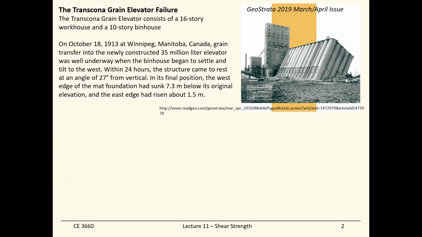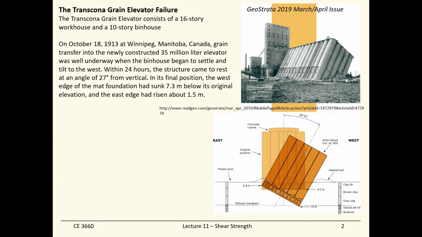When the grain started to be loaded into this structure, the loading became too large for the soil to handle, and the whole building collapsed in a way that the structure was sound and intact, but the soil failed, which means there was a soil bearing capacity failure at the foundations. So the whole structure tipped over.